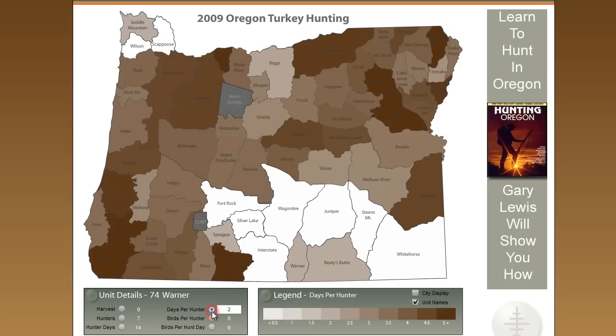Days per hunter, basically how many days did the average guy or gal out there hunt. And this will give you kind of a feel for how long it takes to actually fill your tag. And you'll also notice that the display is quite a bit different in that up here in Saddle Mountain, there were no turkeys harvested, but it did have an average of 2 days per hunter.